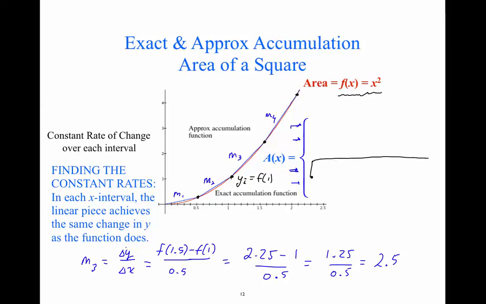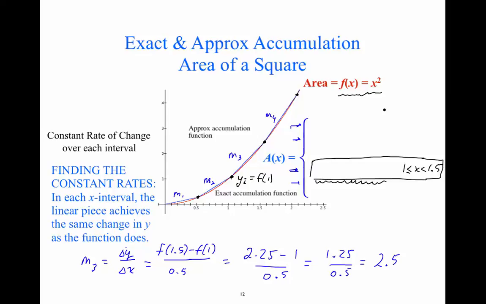So that's x going from what? 1 to 1.5. Can you write now what is the expression that calculates all those y values on our blue approximating segment?